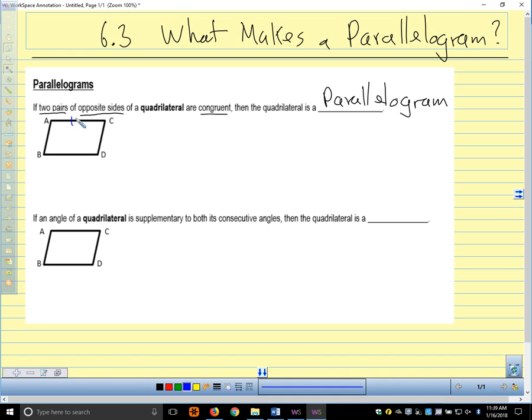So those two sides are congruent, and those two sides are congruent. We have a four-sided shape with two pairs of congruent sides. We have a parallelogram.